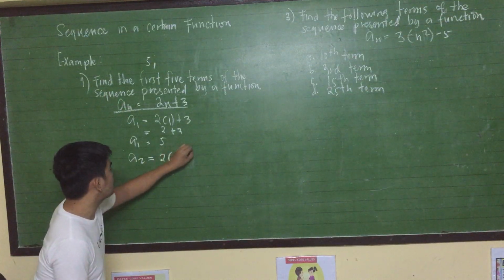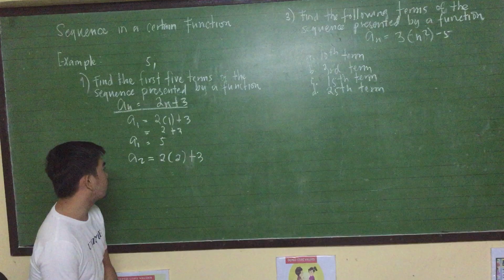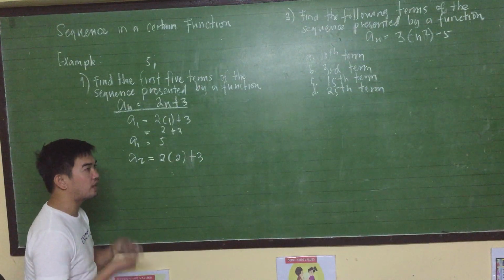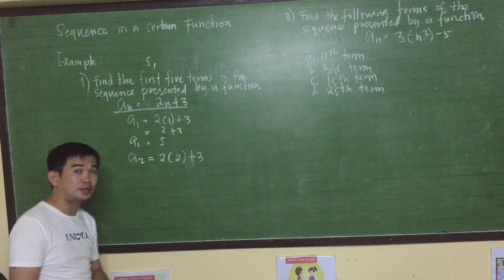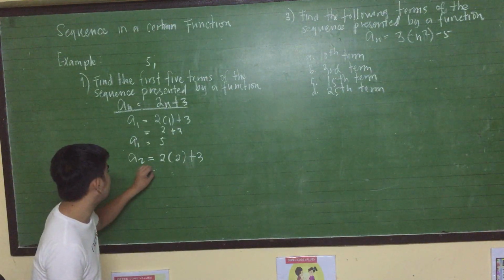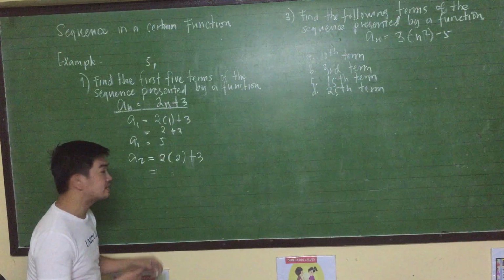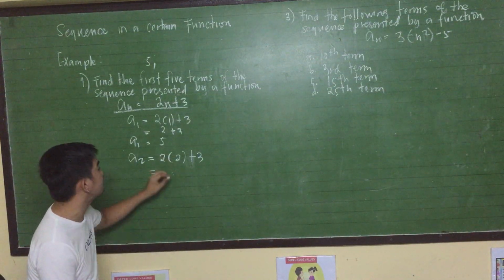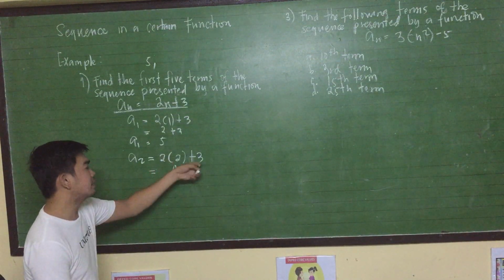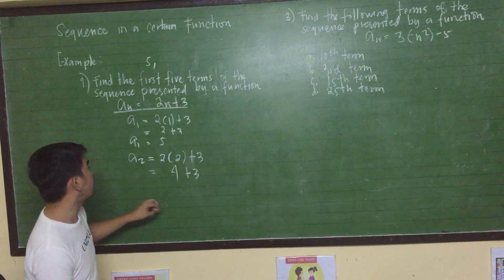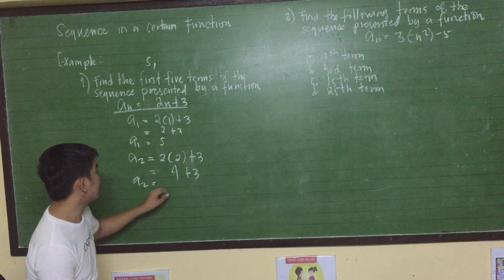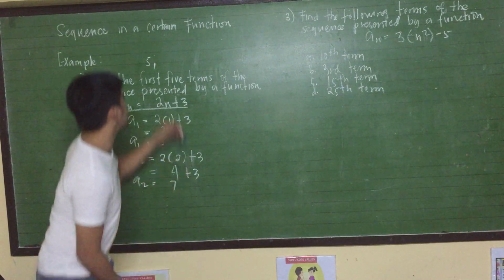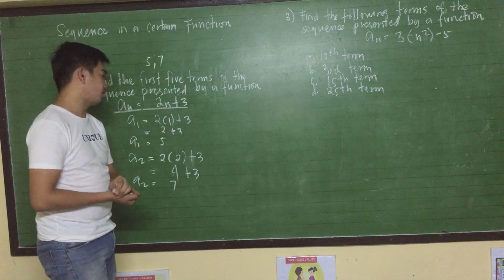So 2 times 2 plus 3. So we will just always substitute whatever the value of the missing term that we are looking for. Okay, so we have now, do the computation. We have 2 times 2, we have 4, plus 3. Therefore, our a sub 2 or our second term is 7. There you go. 7 is our second term.